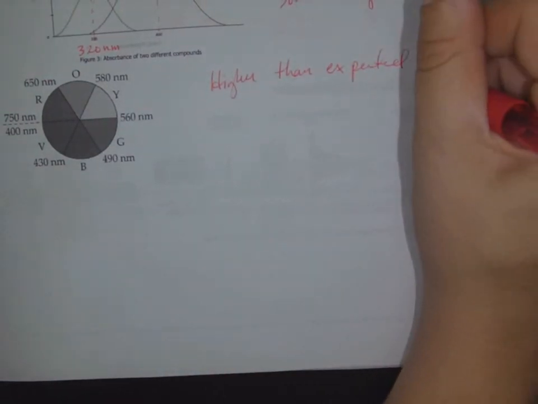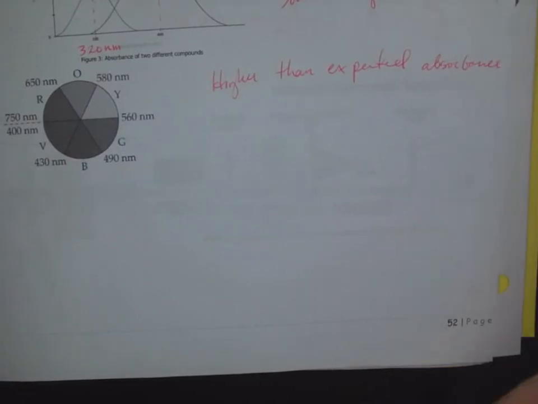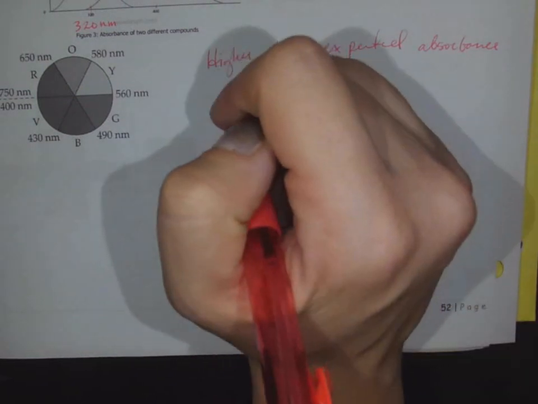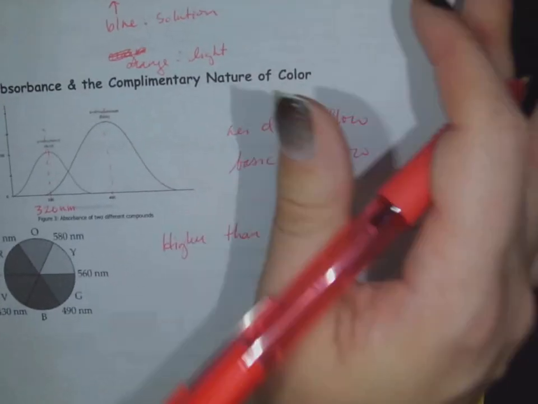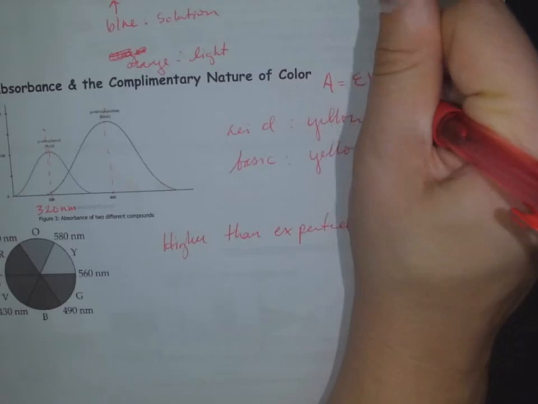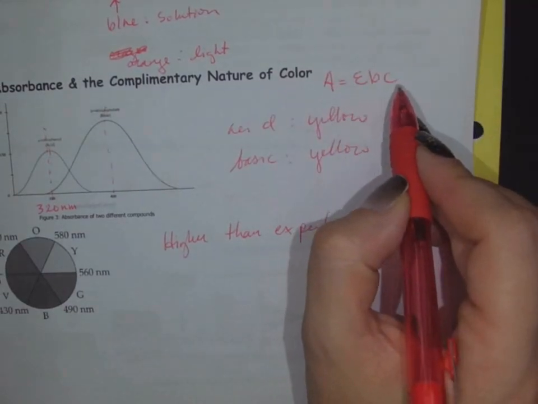Now, let's use the equation to help us with this. We know the equation is absorbance is equal to epsilon b c: molar absorptivity, path length, and concentration.